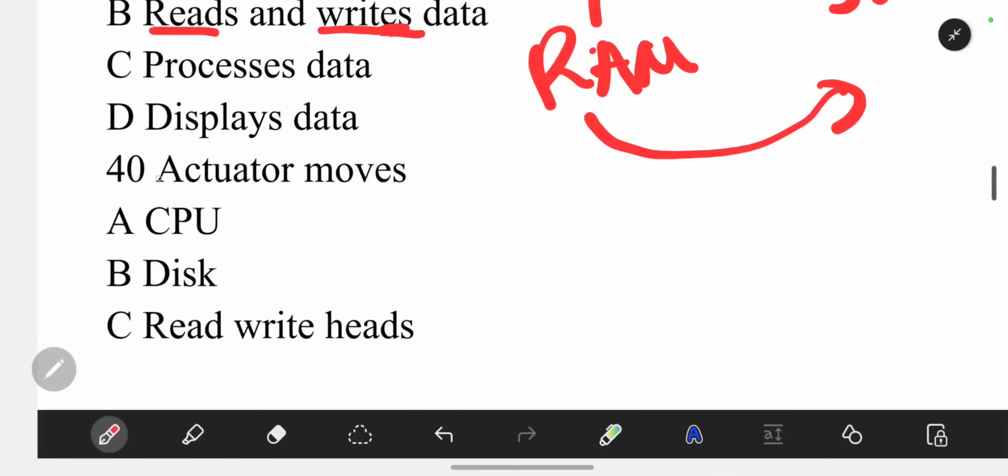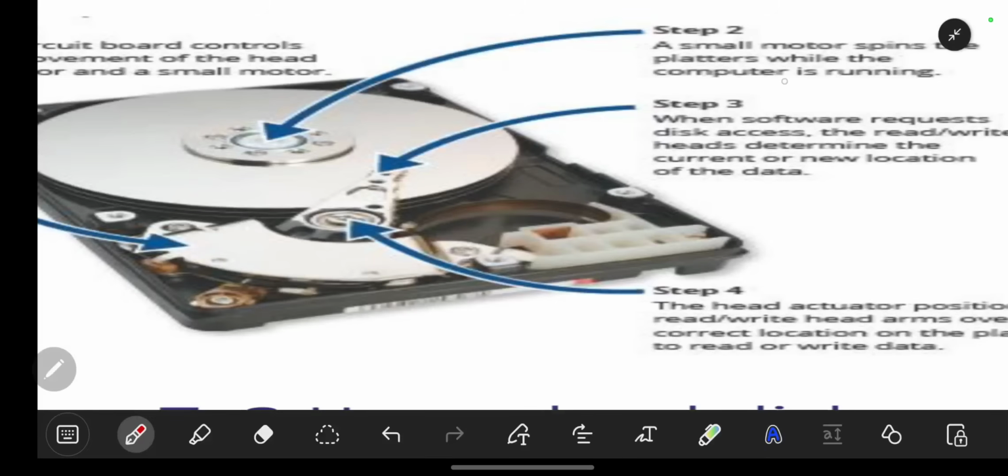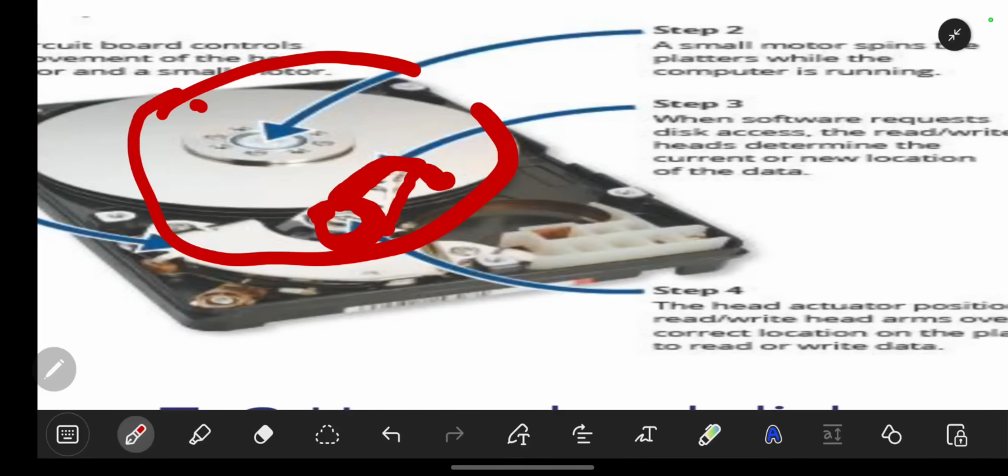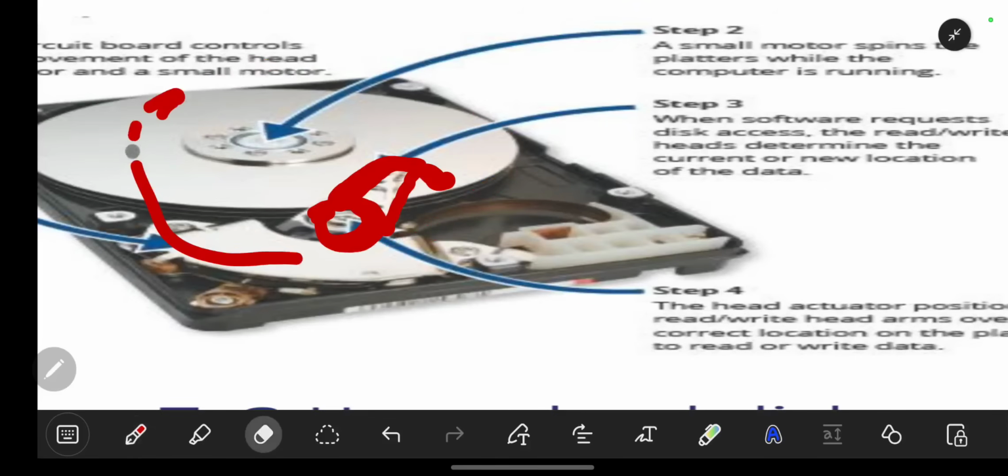Then when we look at number 40, the actuator moves. This is the actuator. What it does is that it controls where the head will read and where it will write. As the disk is rotating, there should be reading and writing. Remember, reading is moving from the storage to the CPU. Remember, this is made in a magnetic way. So what data is here is what the computer will read.